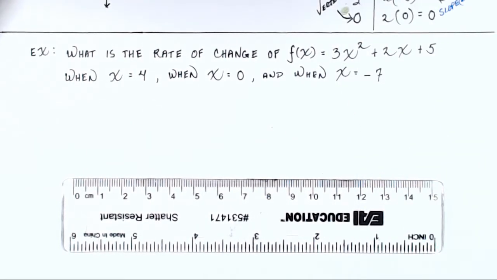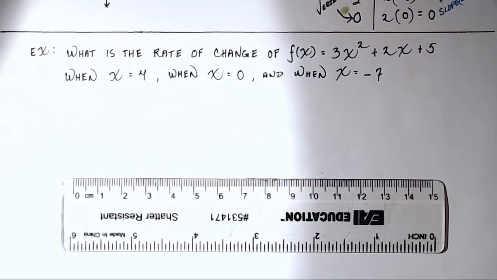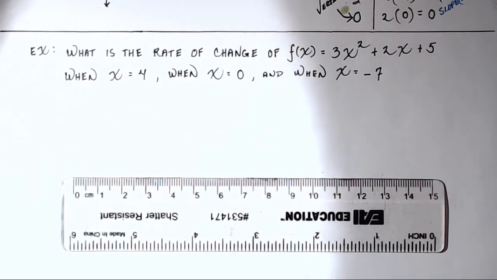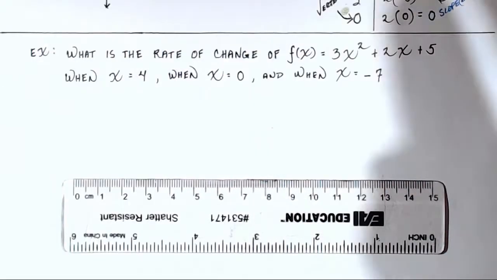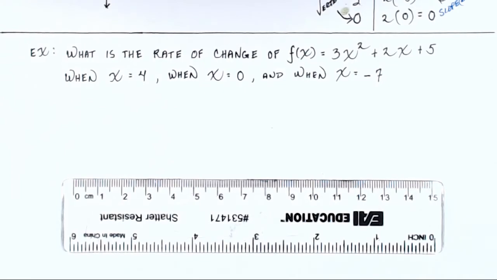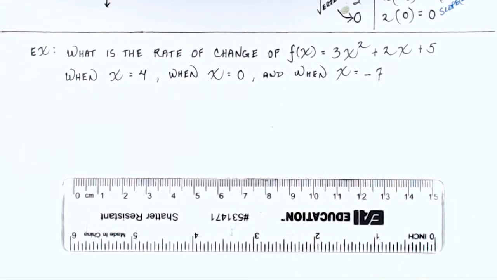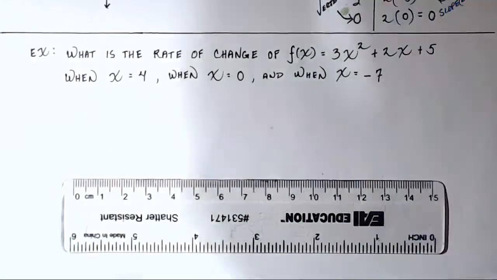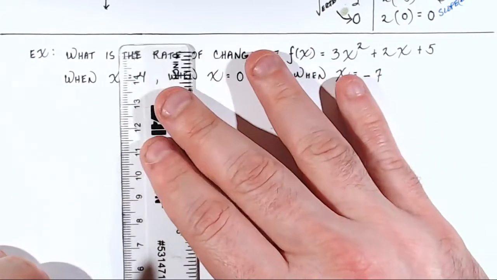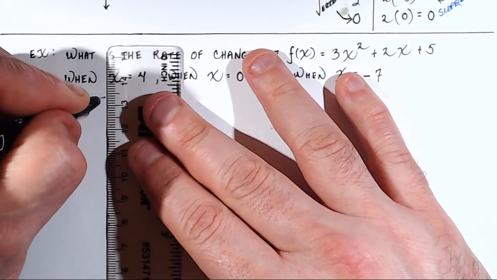I'm going to use Desmos to just graph that real quick. Graph 3x squared plus 2x plus 5, just so we know what it kind of looks like, so I can sketch it. Okay, so here's what it kind of looks like. Draw the graph over here.